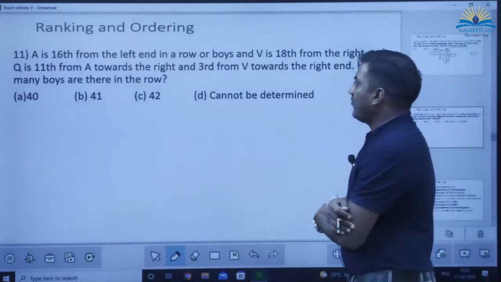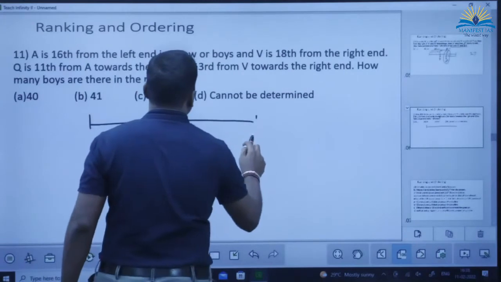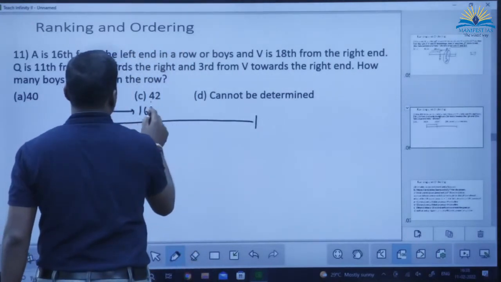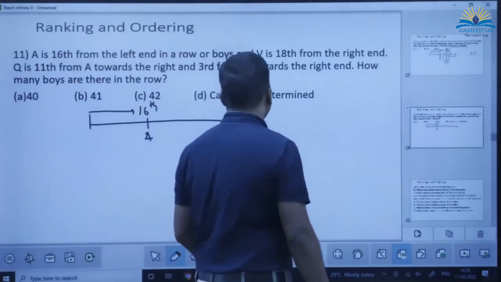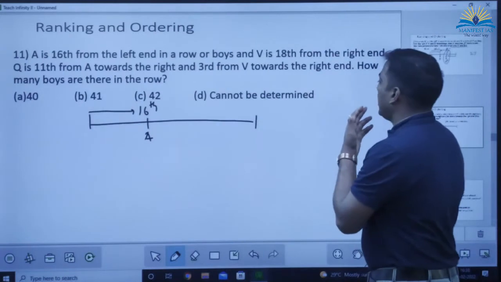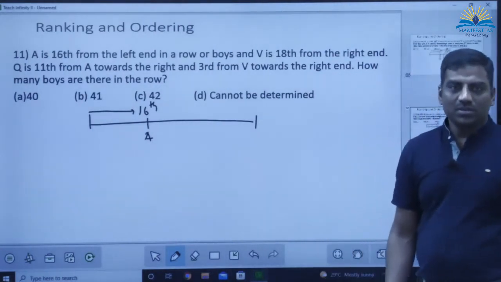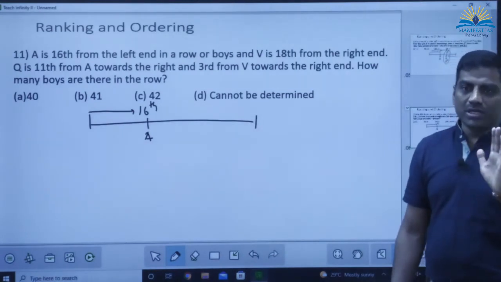A is 16th from left end in a row of boys and V is 18th from the right end. Again a problem. Usually in the first sentence there will be ambiguity, there will be a dilemma.